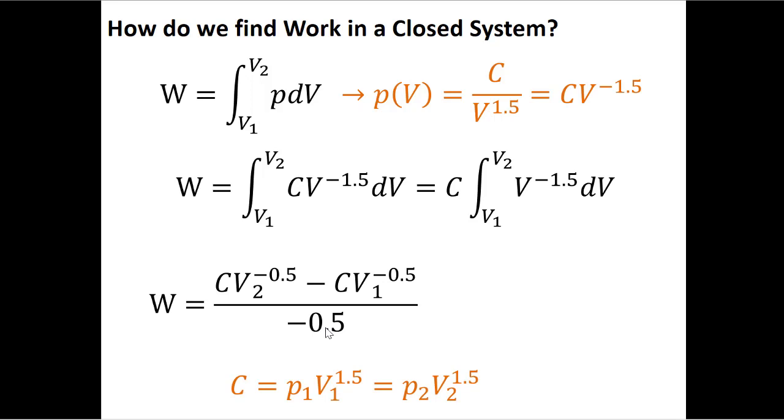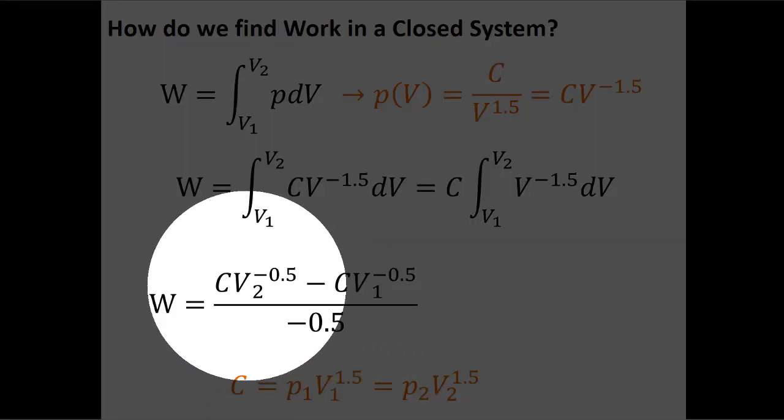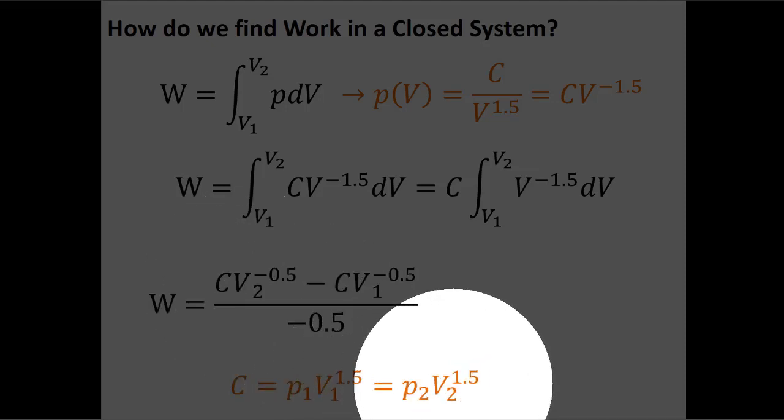Now, I've left this C just as a constant, but I remember that this constant is equal to P1 V1 to the power of 1.5, but it's also equal to P2 V2 to the power of 1.5. So I'm going to match up the subscripts here so that the first time I use this constant C, I use P2 V2 to the 1.5.